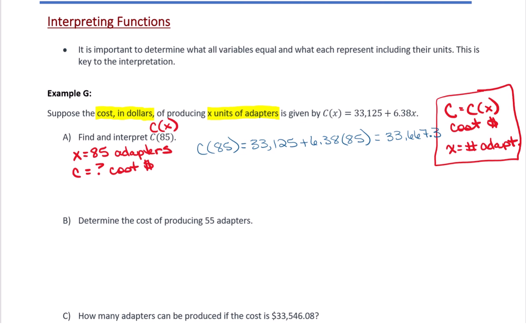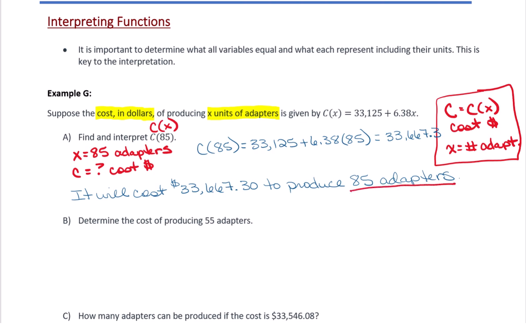We have now found the C value, so we can say it will cost $33,667.30 to produce 85 adapters. Again, the 85 adapters was what was given for our x, and the $33,667.30 is what we found for our C. So notice we did put the dollar sign by the 33,000, and we changed that 0.3 to 0.30 because the cents part is always to 2 decimal places.